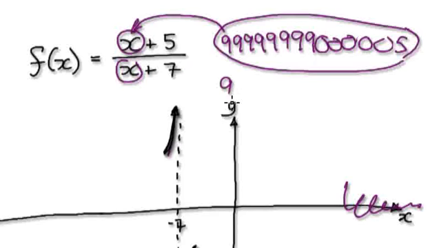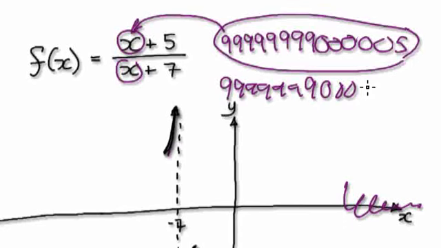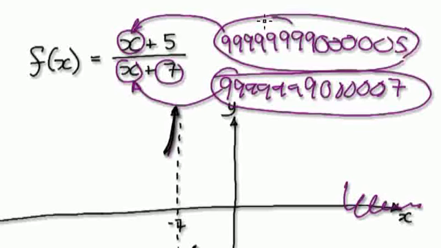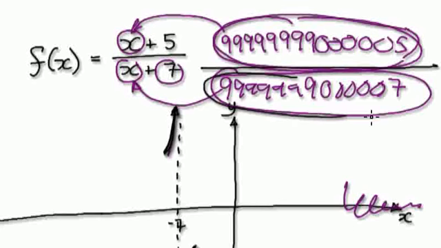Okay, so we are going to put 999 whatever. I don't know if it's going to be the right amount, but we're going to put this same number into here now, and then when we +7, it will become this. So we've got this number here divided by this number here.